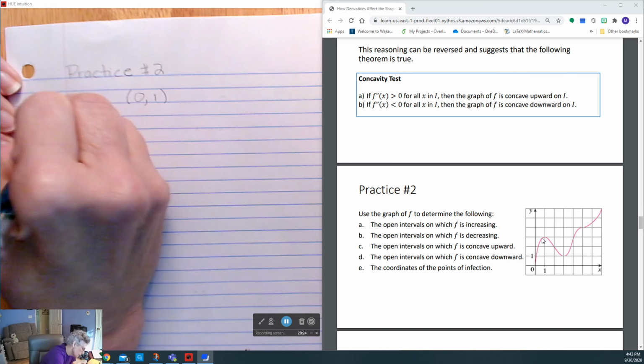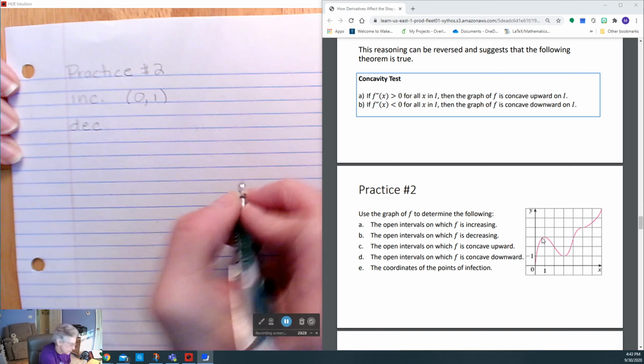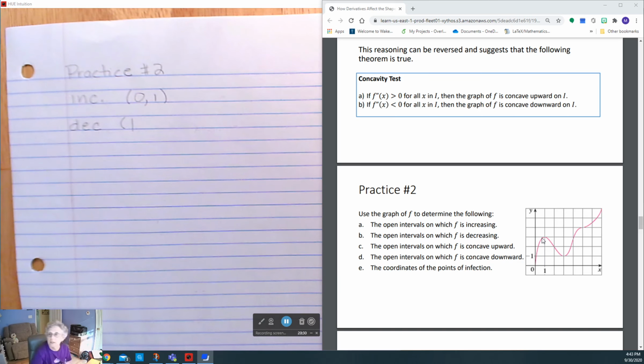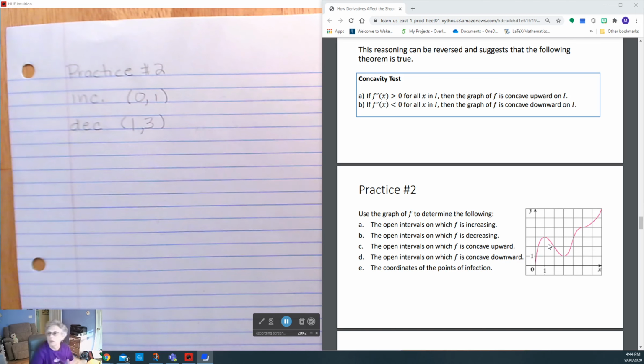I'm going to go ahead and make a place to write decreasing. We're decreasing, it takes over at 1 and begins decreasing. Here's my local max. It decreases all the way until 3. Then it begins increasing again.